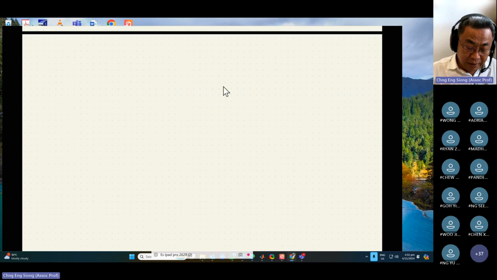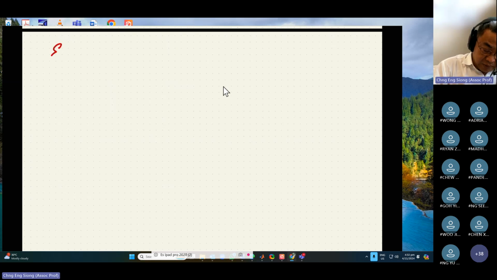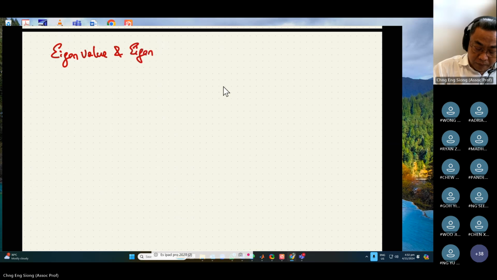All right, let's revise what an eigenvalue and eigenvector are first. The basic idea is A is square.